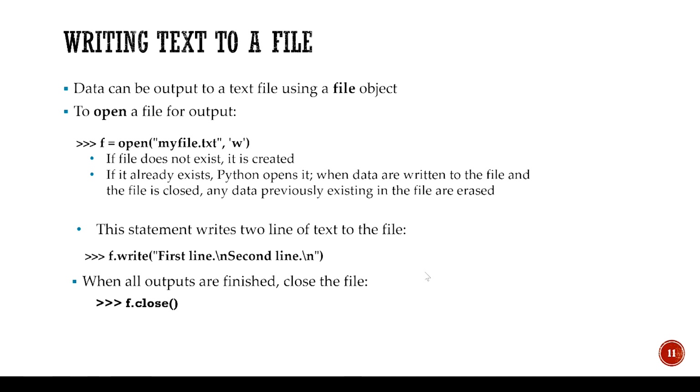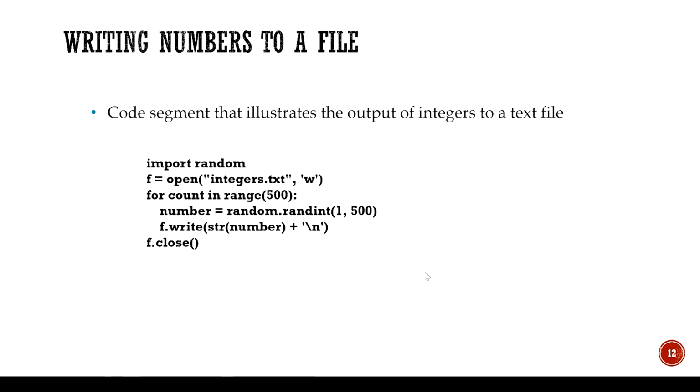We can also write numbers to a file, which is the example here. This code segment illustrates the output of integers to a text file. In this example, we want to generate random numbers. Let's say 500 random numbers. We use the randint function that we discussed in the beginning. And then we want to save it in a file.